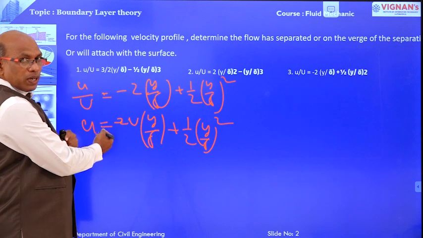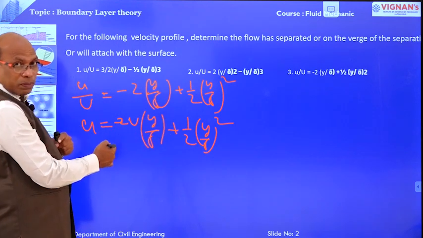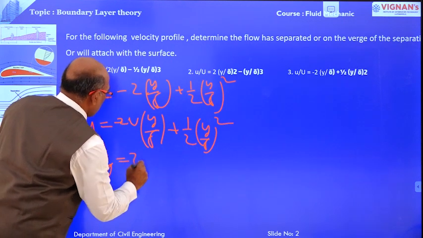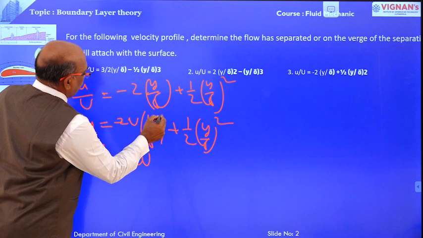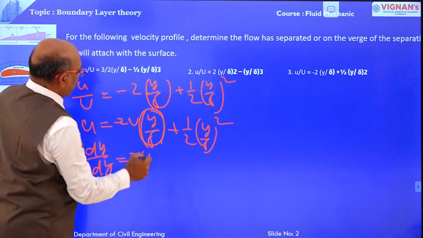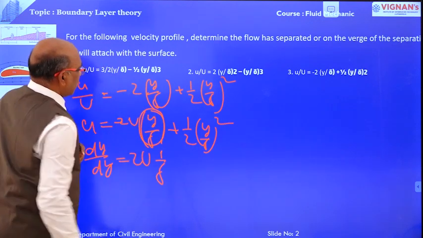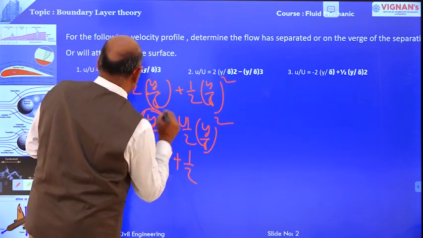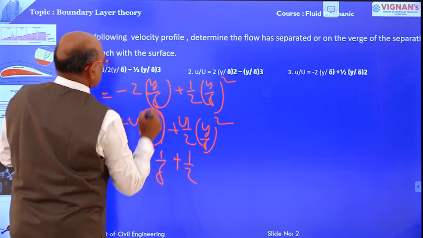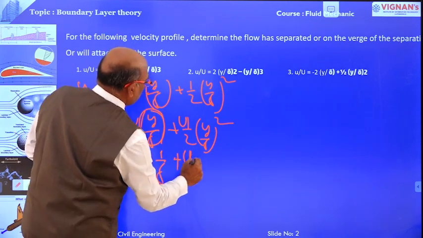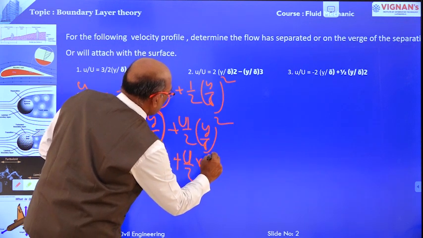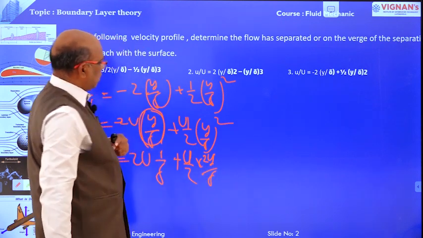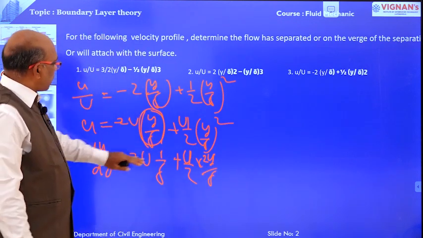Now differentiate the equation on both sides with respect to y. Therefore du by dy is equal to minus 2U by delta plus U divided by 2 into 2y by delta square. This is the differentiation with respect to y.